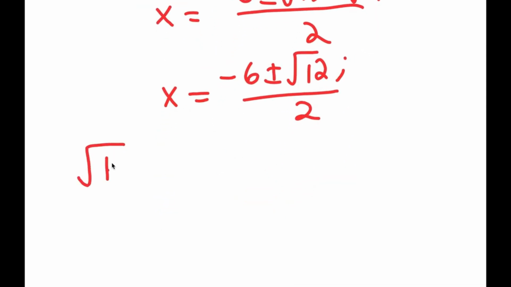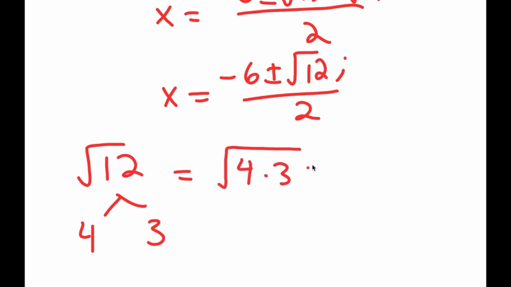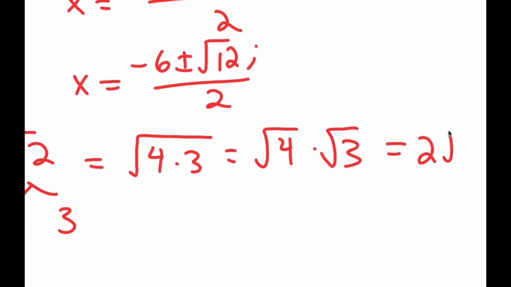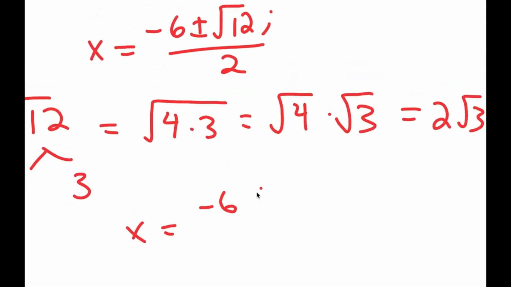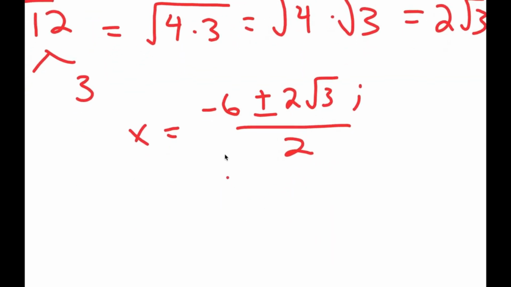Now the square root of 12 is the same thing as the square root of 4 times 3, which is equal to the square root of 4 times the square root of 3. The square root of 4 is 2, so this is equal to 2 root 3. So I get x = (6 ± 2 root 3 i) over 2. Now if I divide my terms by 2, I get x = 3 ± the square root of 3 i.